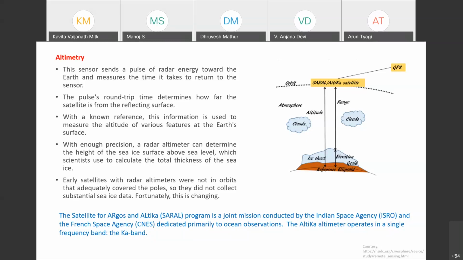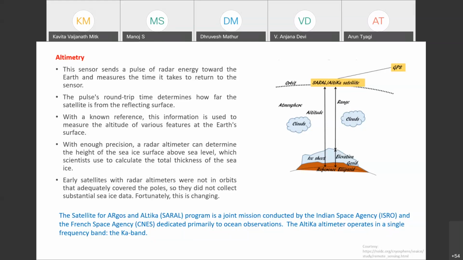So, what are the parameters that we can derive from altimetry? These are the height of the sea ice surface above sea level, and we can also derive the thickness from altimetry. One of the altimeters developed by ISRO in collaboration with the French Space Agency is SARAL-AltiKa.